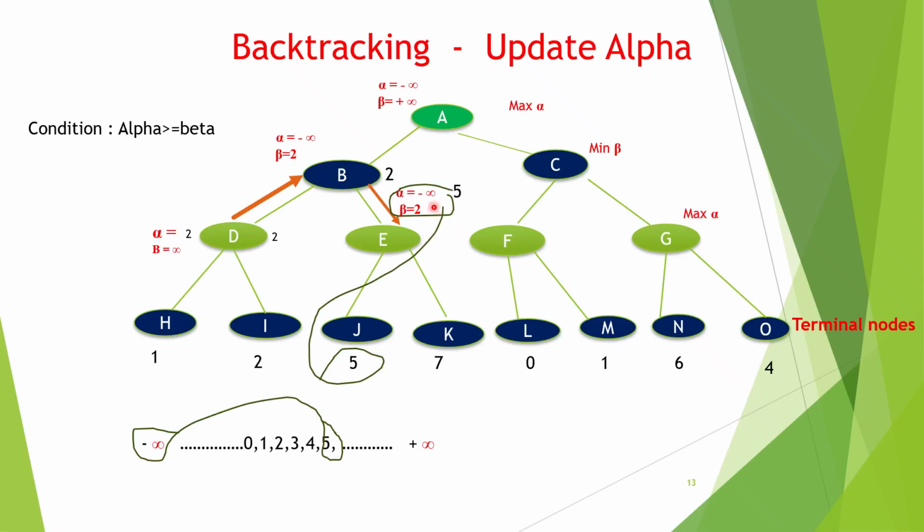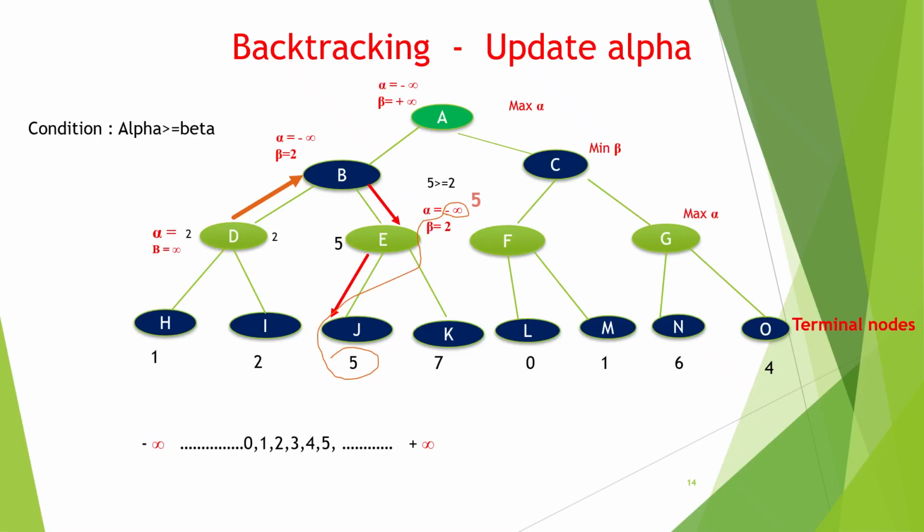Compare alpha, minus infinity, with the utility value of node J. Which is maximum, minus infinity or 5? 5 is the maximum, so update alpha equal to 5 and put 5 as the node value of E.